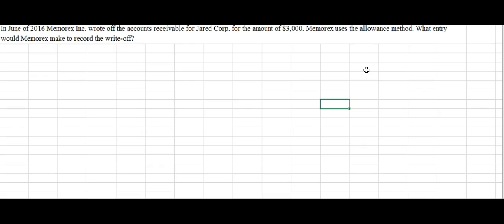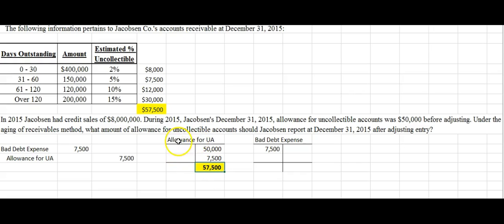Now, if you had a write-off, if you use the allowance method, that means that you already had an allowance account. You already had a balance here, allowance for uncollectible accounts. Let me use this as the example.